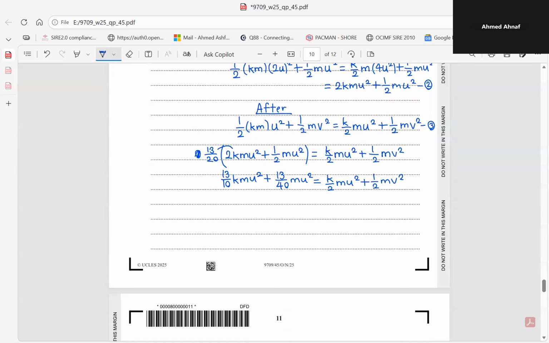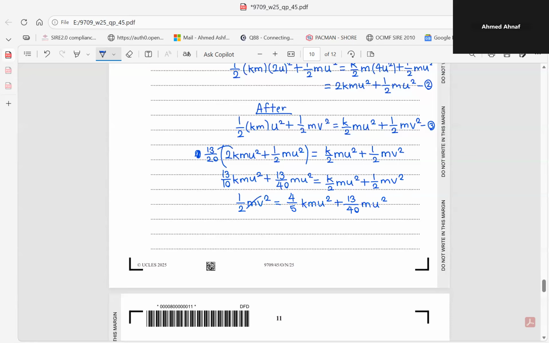Okay, so now just make mv squared the subject. You get 13 over 10 minus half, which is 4 over 5 k mu squared plus 13 over 40 mu squared.